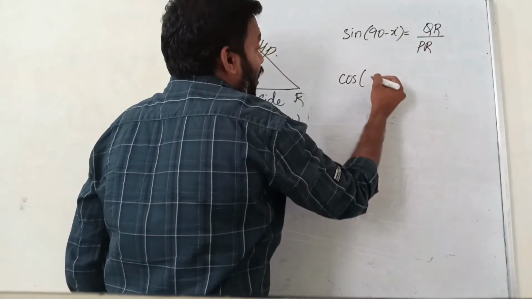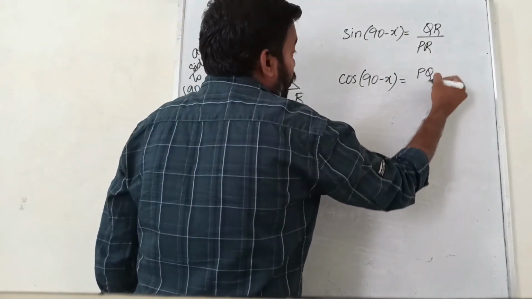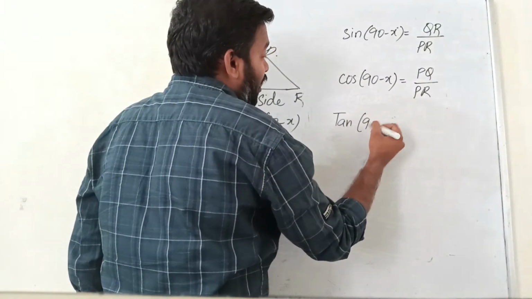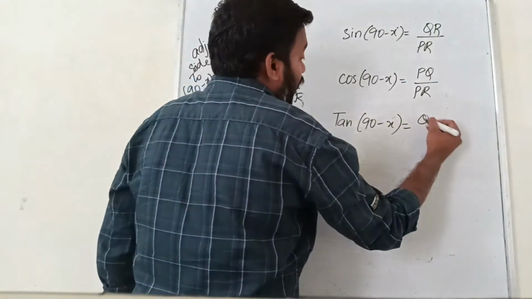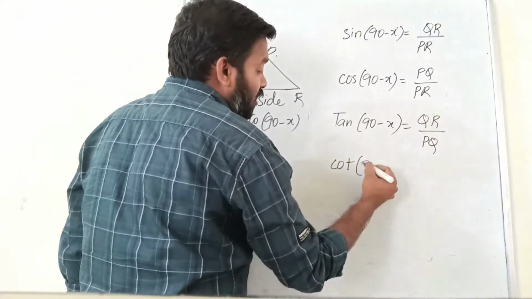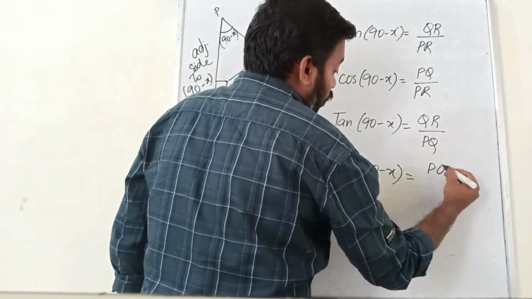Cos 90 minus x is PQ by PR. Tan 90 minus x is QR by PQ. Cot 90 minus x is PQ by QR.